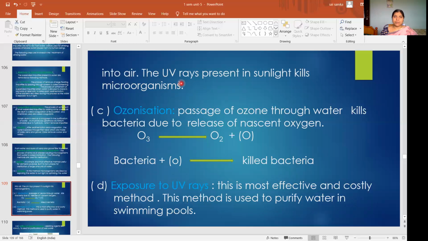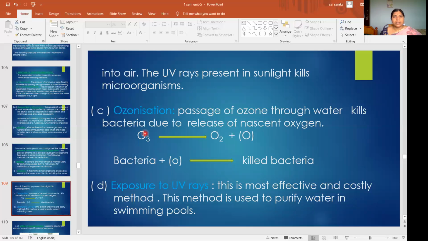So in the aeration process, we are killing these microorganisms by exposing the water to sunlight, sprinkling it into the air.